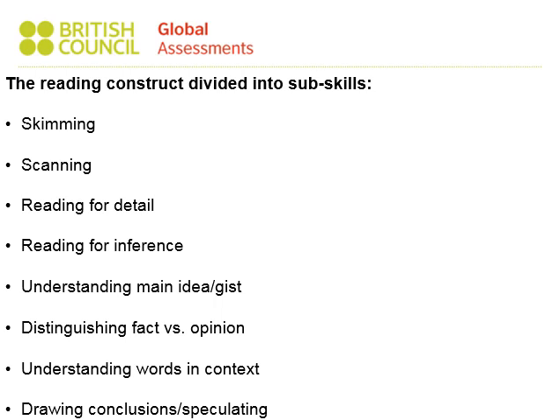Reading for detail versus reading for inference. Understanding the main idea and the gist, distinguishing fact versus opinions. These are all associated with good reading skills. Understanding words in context. We need to be careful that we are targeting reading skills and not vocabulary skills.